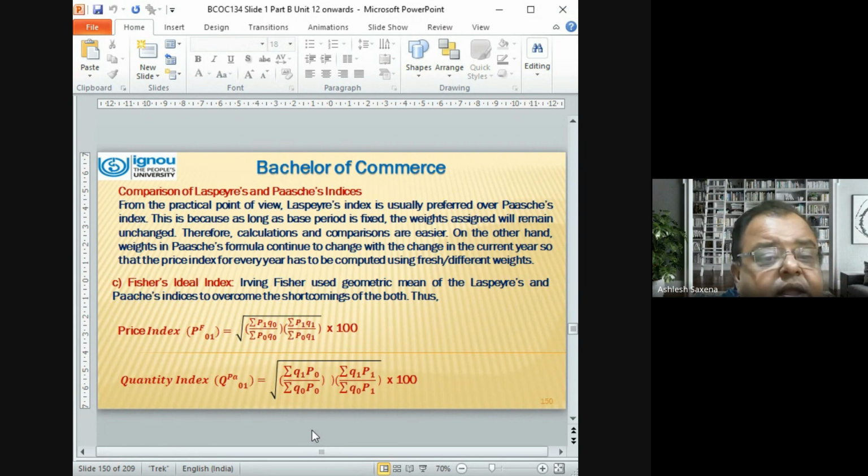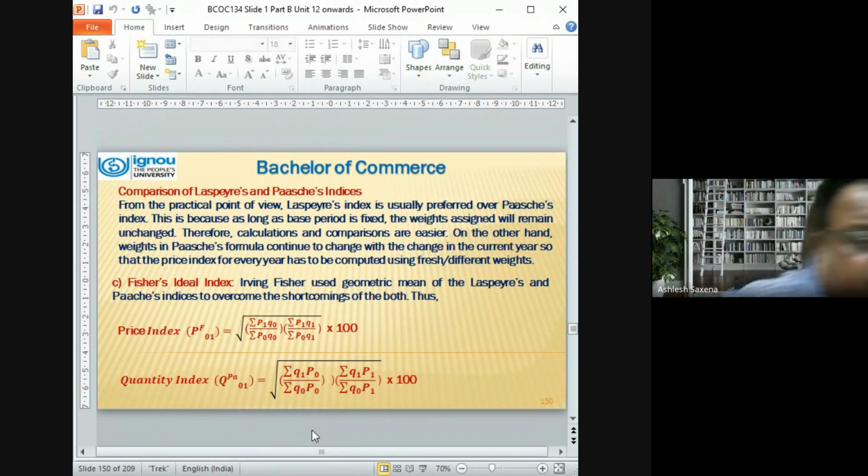Therefore, calculations and comparisons are easier. On the other hand, the weight in the Paasche formula continues to change with the change in the current year, so the price index for every year has to be computed afresh.